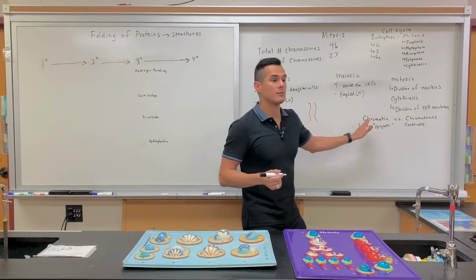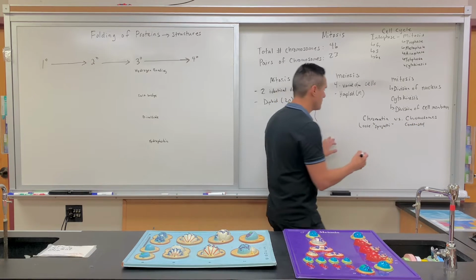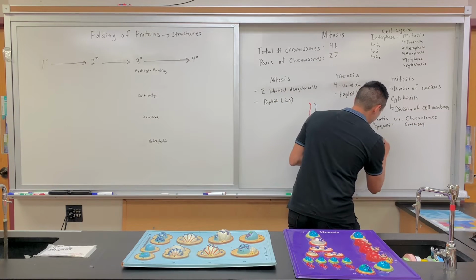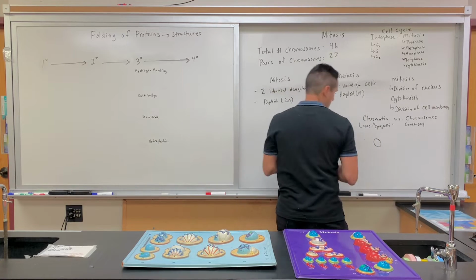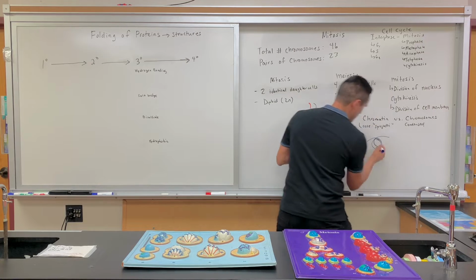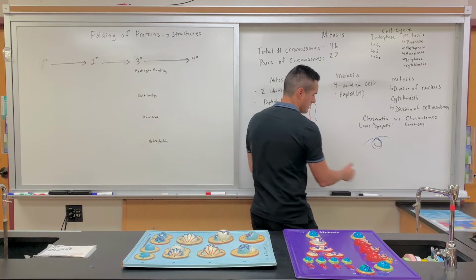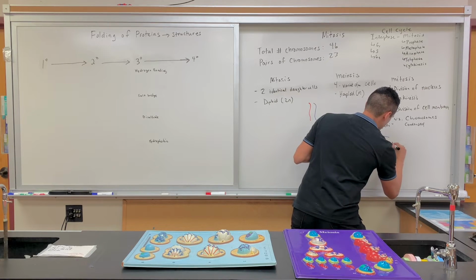So the reason we're able to go from this form to this form is because DNA will wrap around, so let me draw a strand here. DNA will wrap around this protein right here, which is known as a histone.